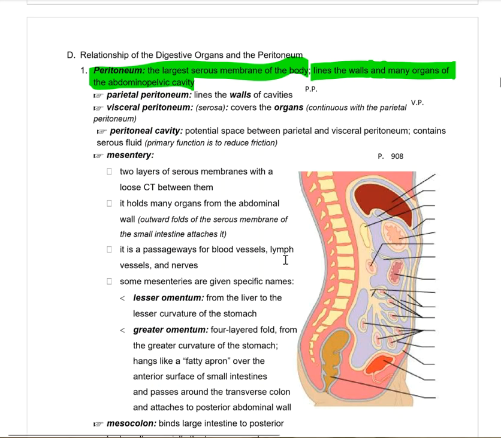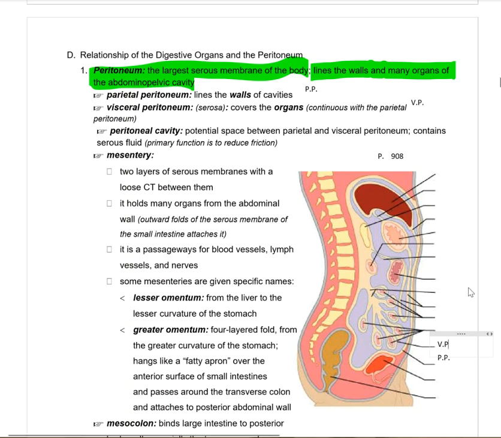all right, so down at the bottom here, you can see a couple spots where we can look at the parietal peritoneum and the visceral peritoneum. So the parietal peritoneum goes around the outside edge, which is right there, and then right above it here, you'll notice that the visceral peritoneum is going to then cover the organs.